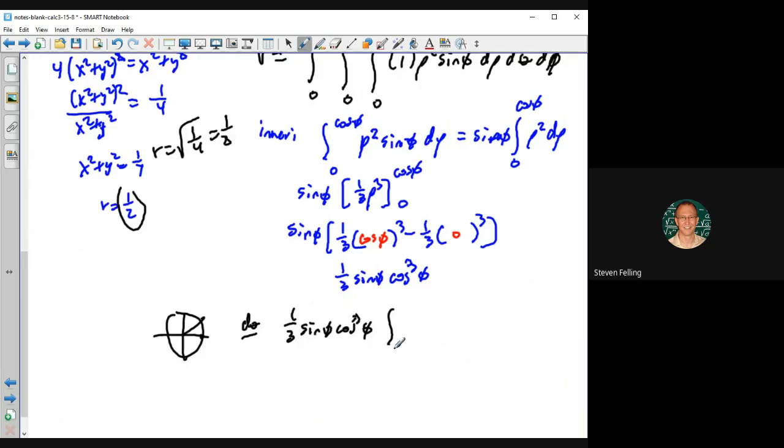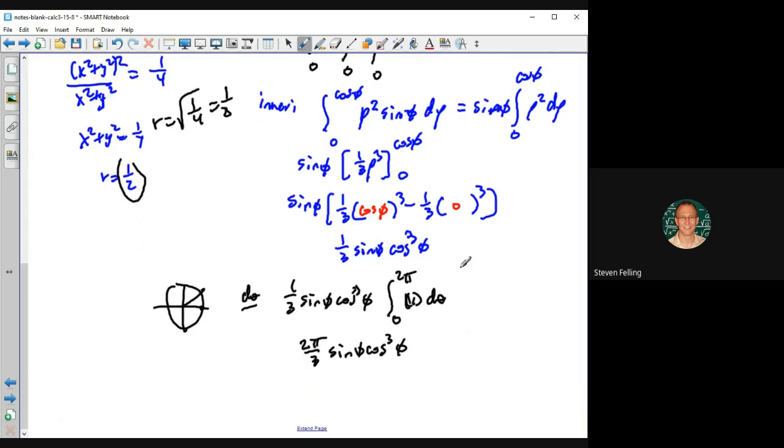But then we're doing the integral from 0 to 2 pi of 1 times d theta. So this part just becomes 2 pi minus 0, so we end up with 2 pi over 3 times sine phi cosine cubed of phi. That's the result of the middle integral.